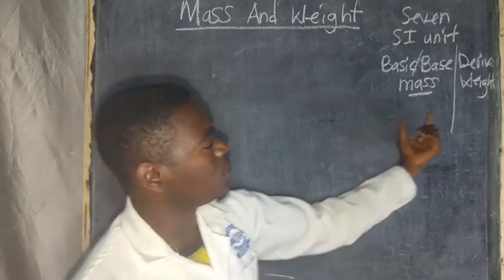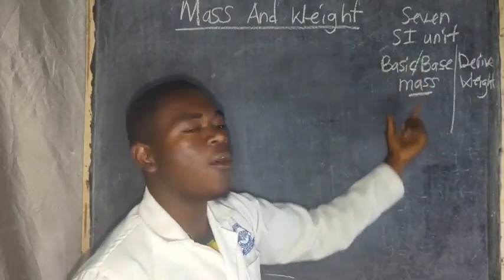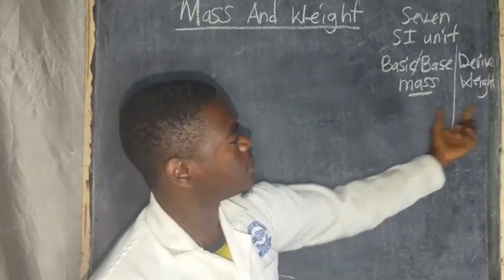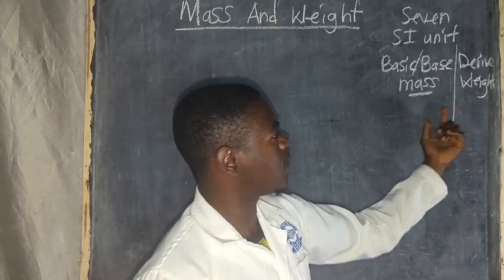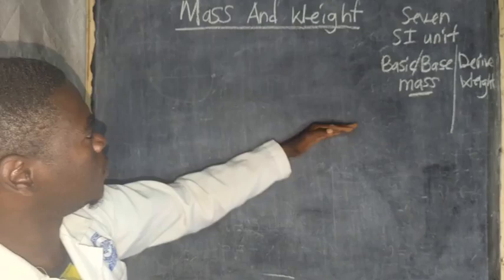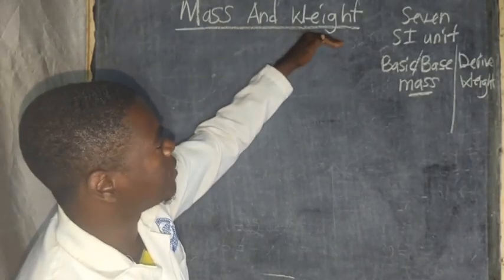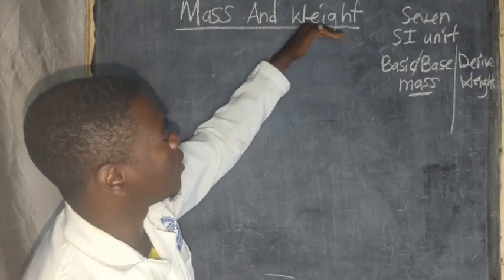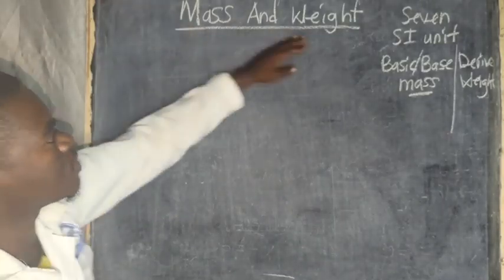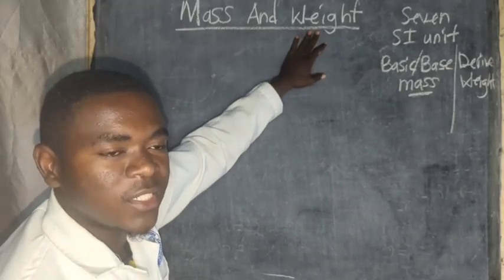You need to know and understand all the 7 basic physical quantities. So this is a basic physical quantity, just one unit, and this is a derived one, with more than one SI unit involved in it.